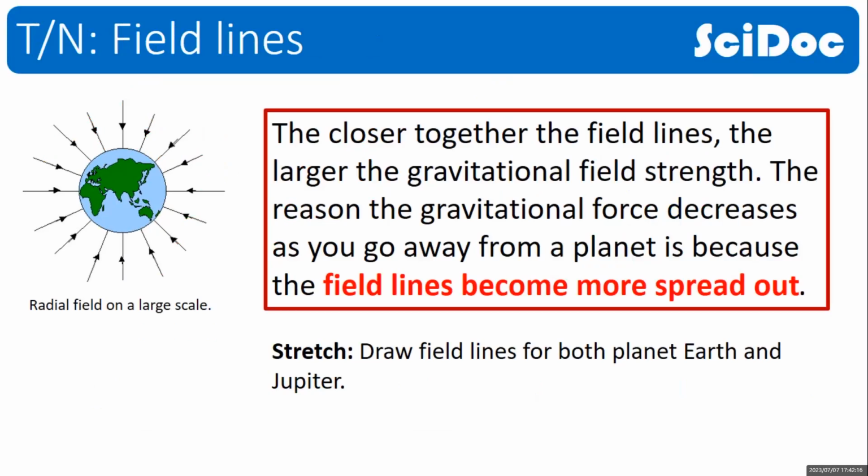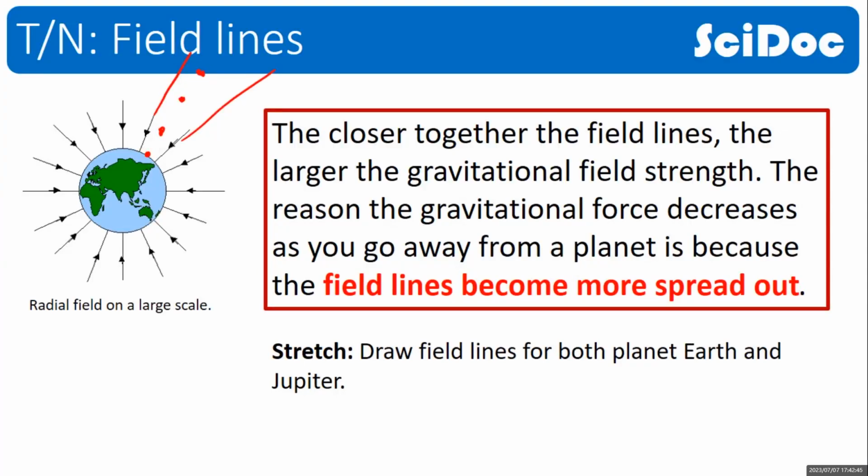The reason the gravitational force decreases as you go away from the planet is because the field lines become more spread out. For example, if someone is sitting here and goes to this position, and then to another position, and then to a position far more away from the earth, you can see that the lines around this person have spread out.